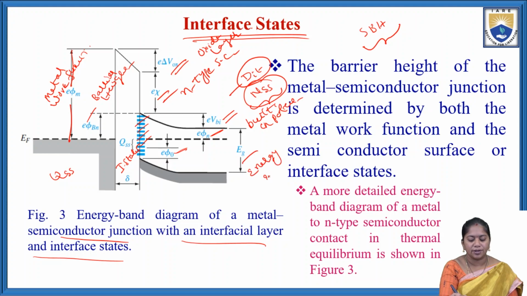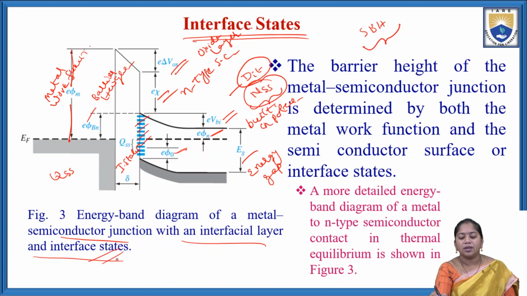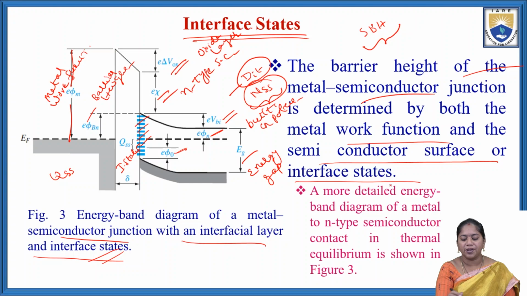This is the energy band diagram of the metal semiconductor junction with interfacial layer and interface states. So the barrier height of the metal semiconductor junction is determined by both the metal work function and the semiconductor surface or interface states.